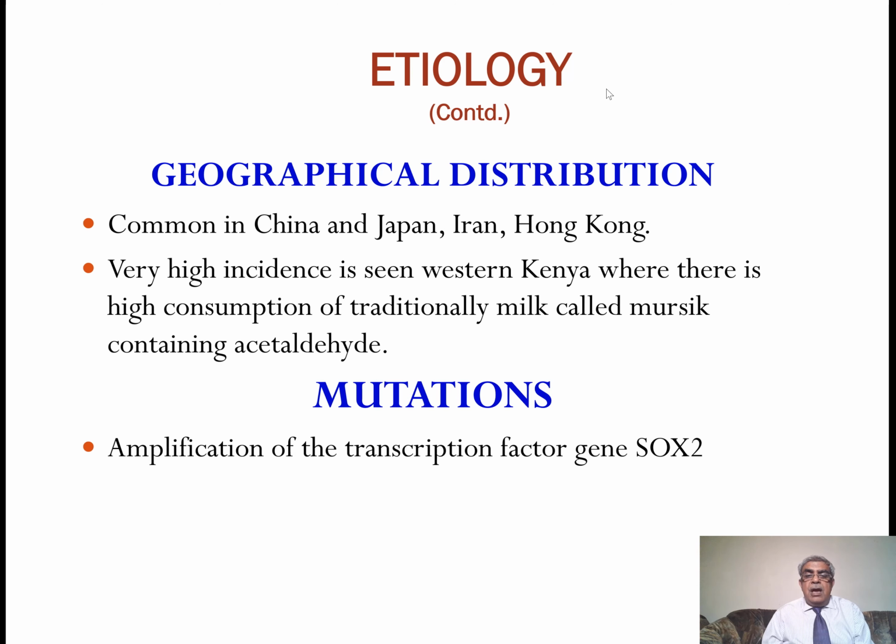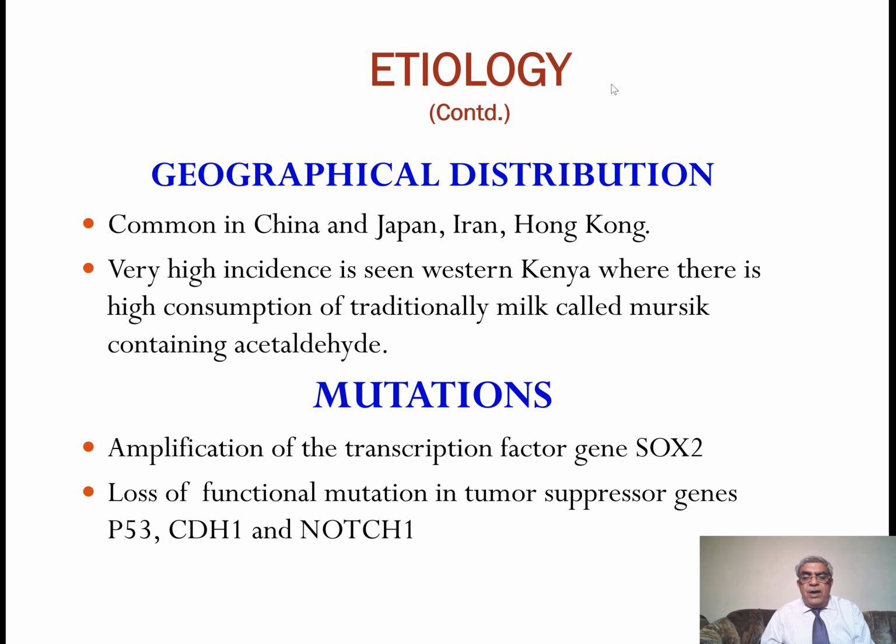Mutations: amplification of the transcription factor gene SOX2, loss of function mutations in tumor suppressor genes like p53, CDH1, and Notch1. But you should remember these two things, very important.